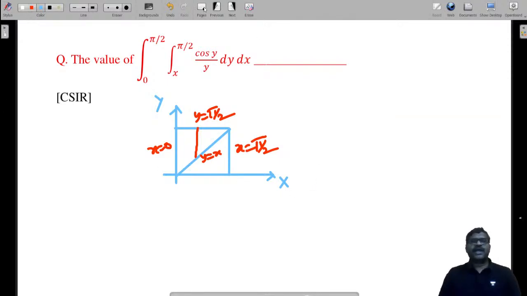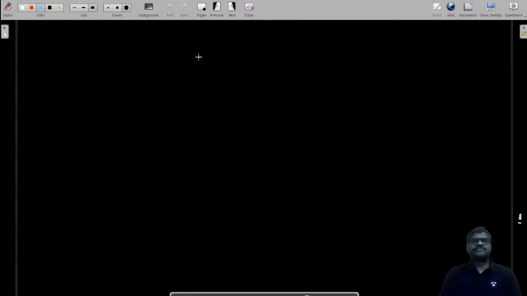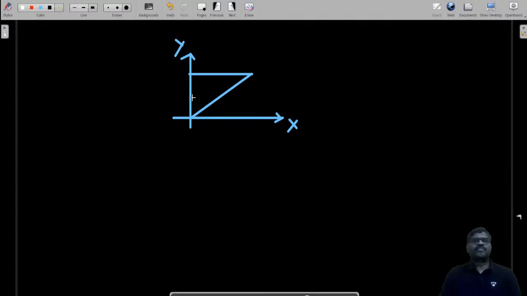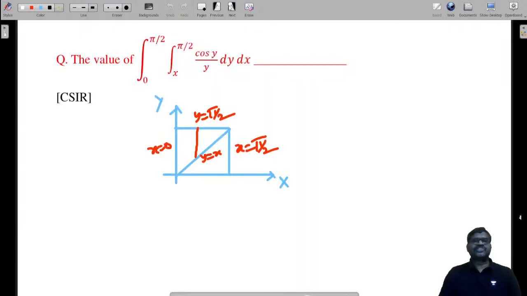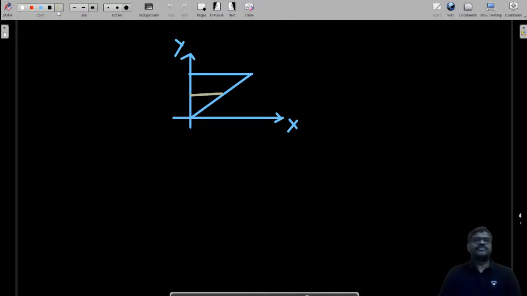Observe, identify the region. X equal to 0, x equal to y.